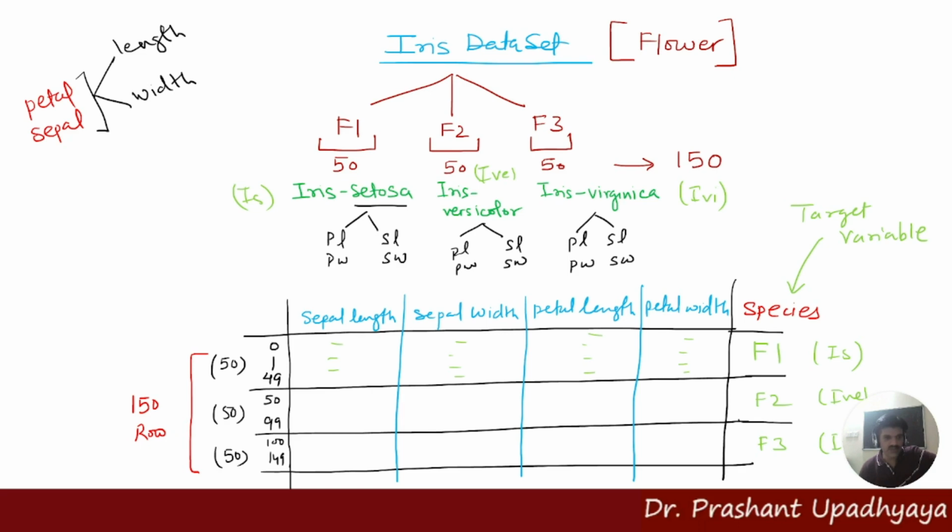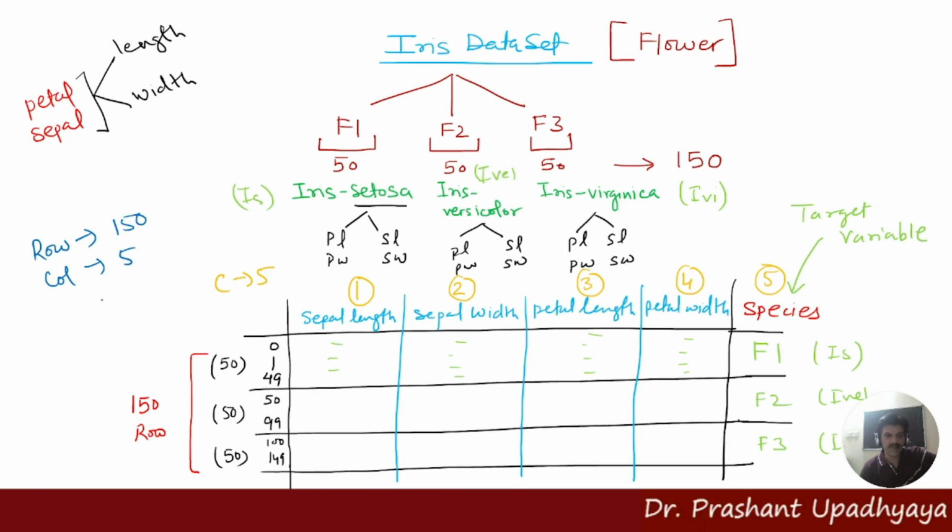Now if you see here, what is the number of columns I'm having? Sepal length, sepal width, petal length, petal width, and my target variable, that is the fifth one. So how many columns am I having? I am having 5 columns. So when I am talking about my data set, I have 150 rows and the number of columns is 5.